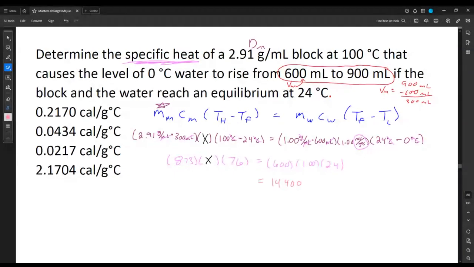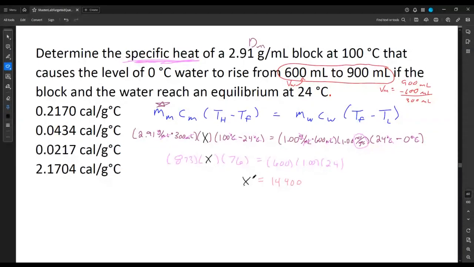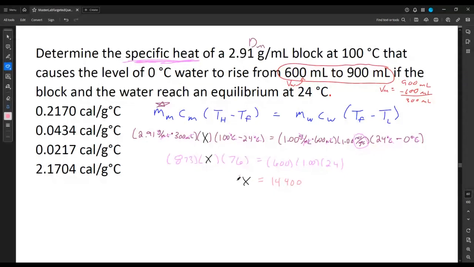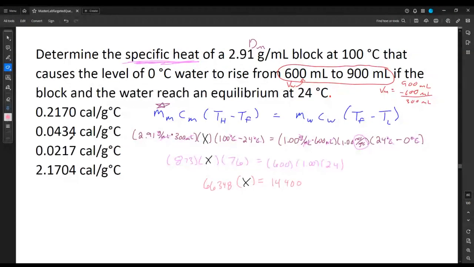Then this other side still has that x that we're looking for. So we'll drag it down, but we can simplify with these other numbers. We can take the 873 and the 76 and multiply those. We get 66348. And then x is almost there.